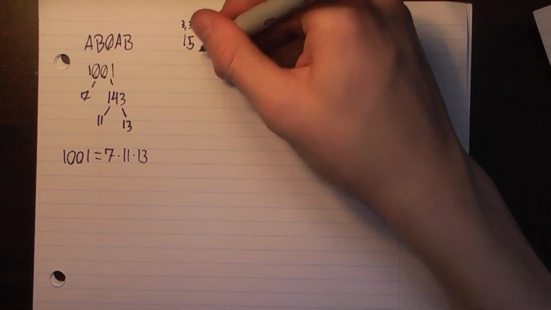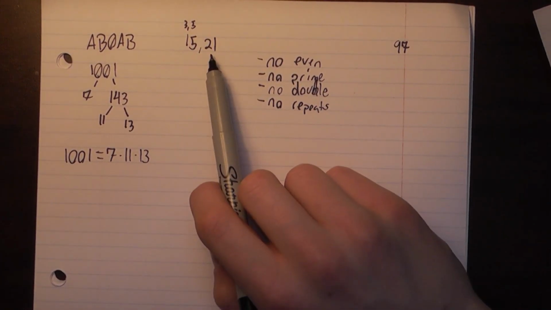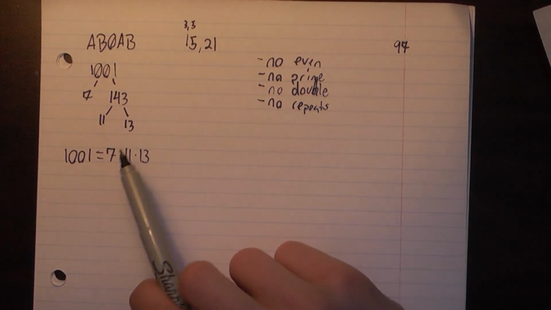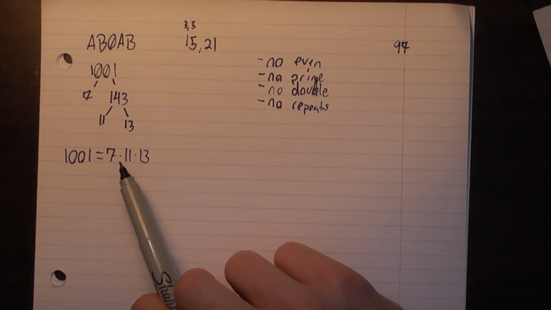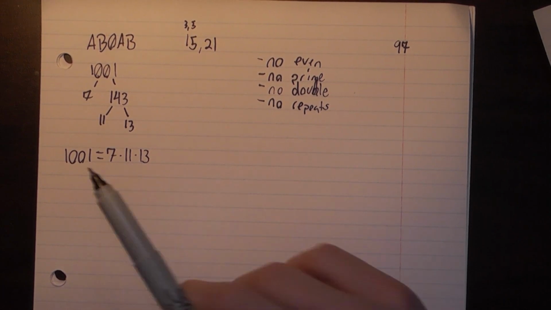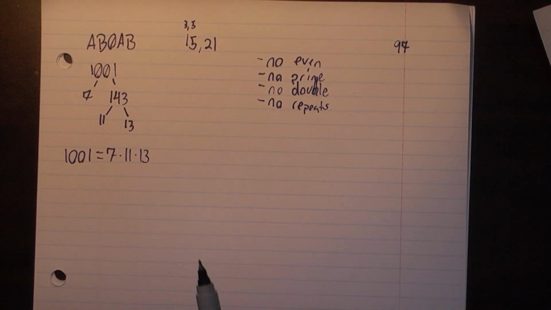For example, if we did 21, that is only divisible by 3 and 7. Since 7 is one of these, we would have 3 times 7 times 7 times 11 times 13. That doesn't work because there's 2 7s and it has to be 5 different integers.